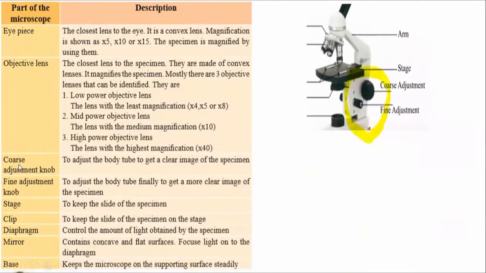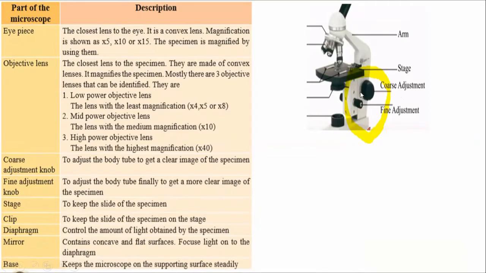The next one is the coarse adjustment knob and fine adjustment knob. So the coarse adjustment knob is used to adjust the body tube to get a clear image of the specimen, and the fine adjustment adjusts the body tube finely to get a clearer image of the specimen. All right, so when you use a microscope, we will learn about how to use the microscope in the future.